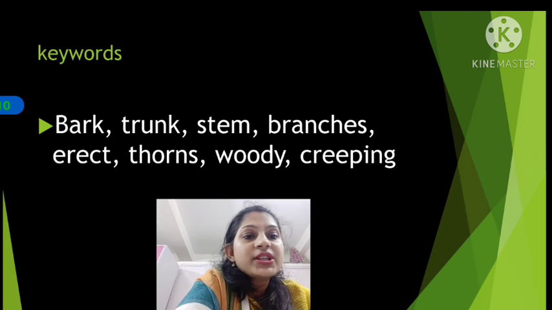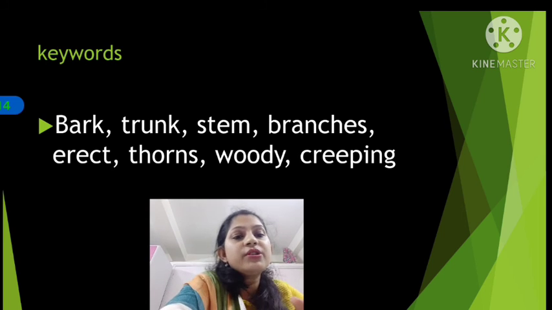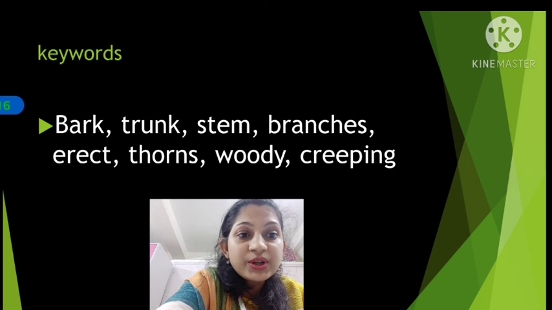Now, what are the keywords for today's class? Today we have come across various new words, isn't it? That was bark, B-A-R-K, bark. Trunk, T-R-U-N-K, trunk. Then stem, S-T-E-M, stem.